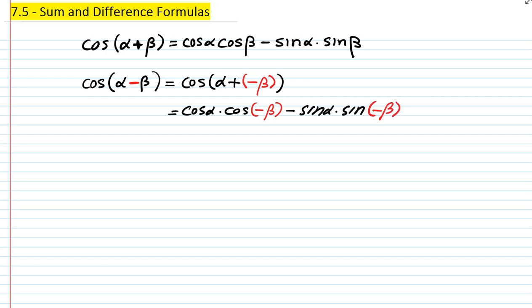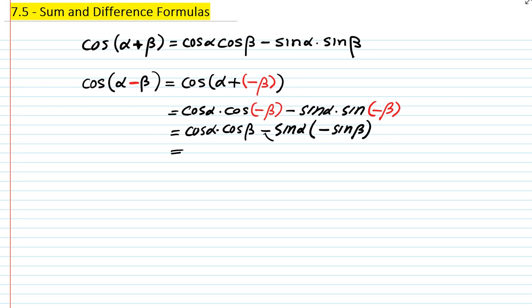And here's where the negative angle identities come in handy. Cosine is an even function, so cosine of negative beta is the same as cosine of beta. Sine is an odd function, so sine of a negative angle will be negative sine of a positive angle. So this is going to be negative sine alpha times negative sine beta.